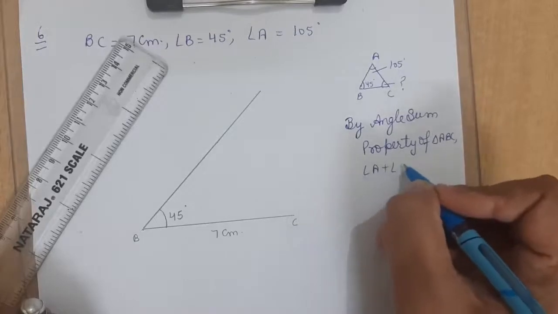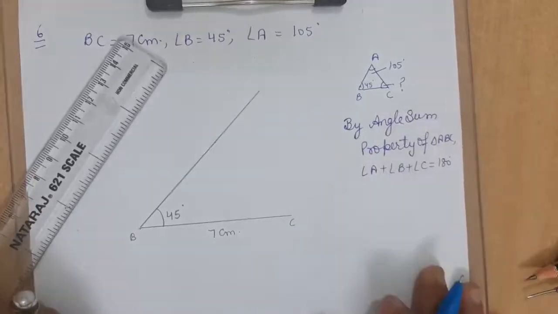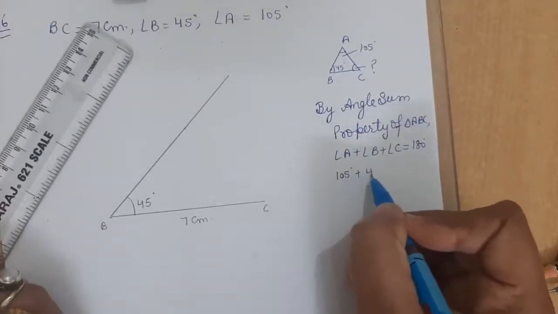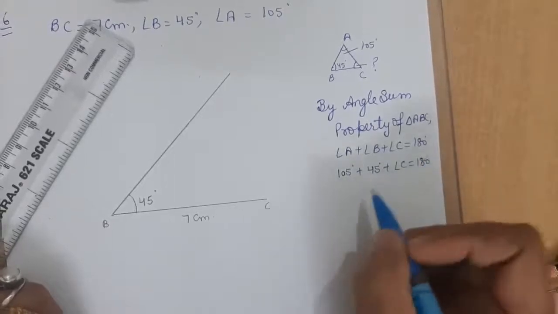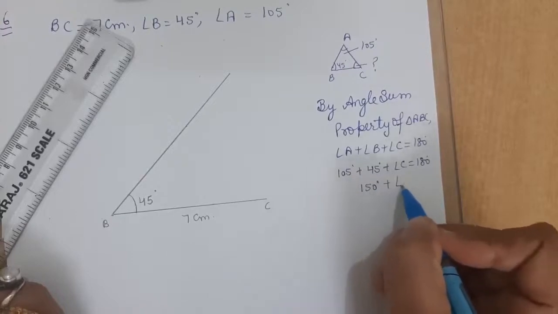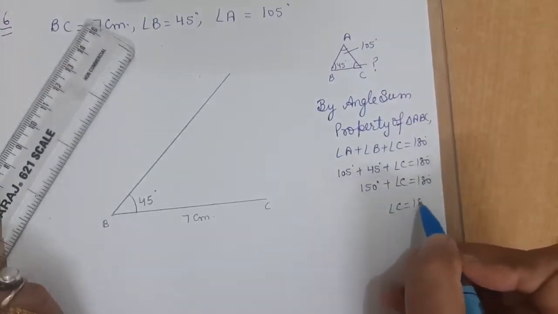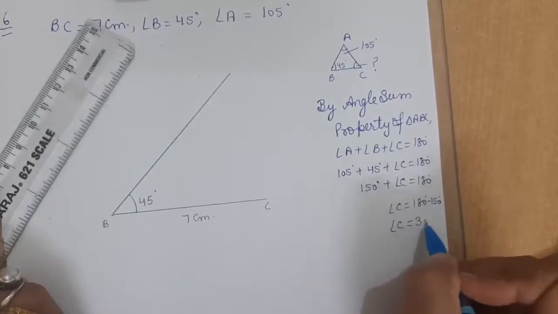Angle A plus angle B plus angle C is equal to 180 degree. Angle A 105, angle B 45, plus angle C is equal to 180 degree. Now add these. On adding, what will we get? 150 plus angle C is equal to 180 degree. Angle C is equal to 180 minus 150, that is, angle C is equal to 30 degree.